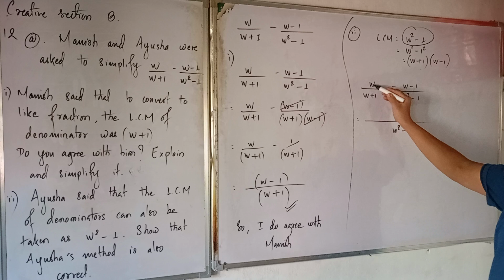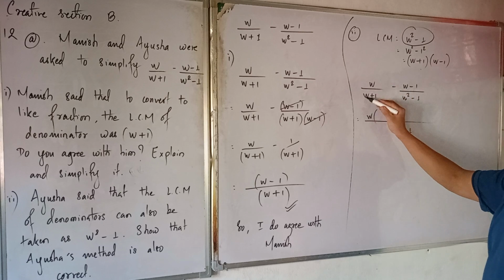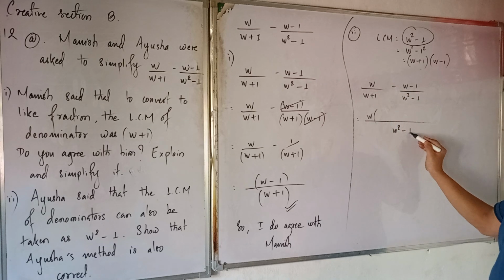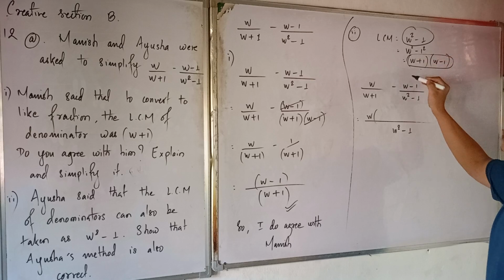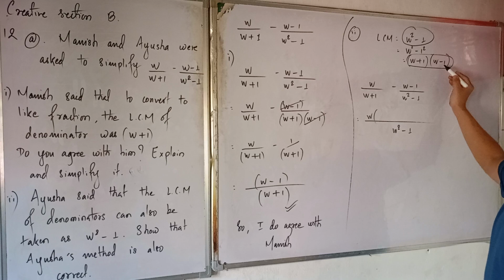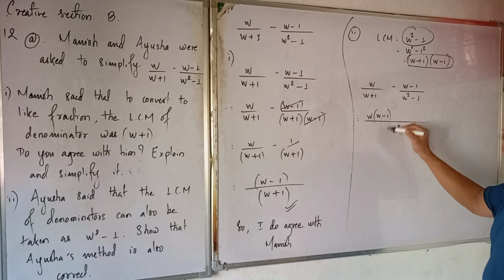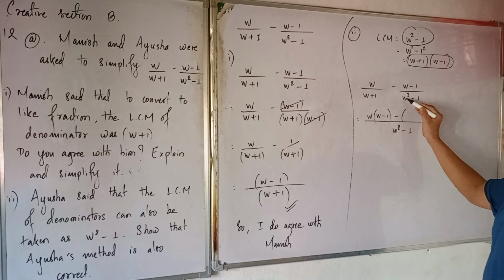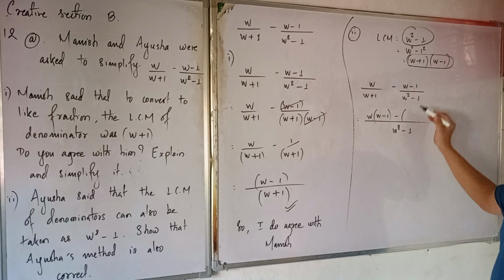So you just write the numerator here, and w plus 1, the LCM is this, which means this. Okay, so w plus 1 is already there, so the missing part is w minus 1. Because of the minus, w square minus 1 is already there, so you only write w minus 1.